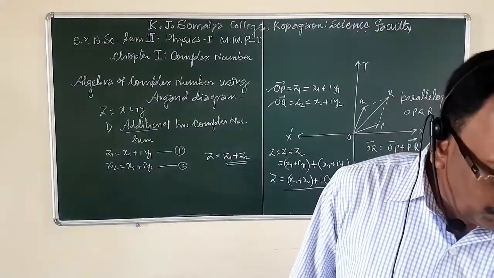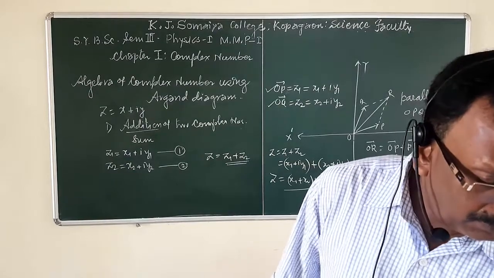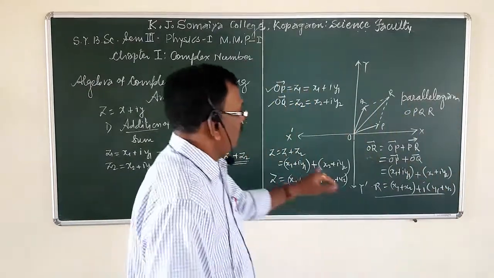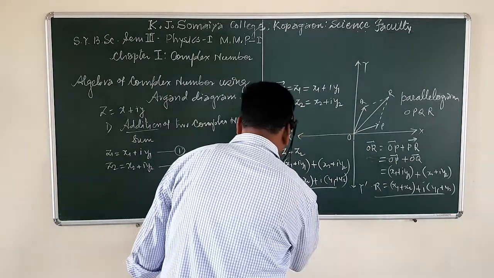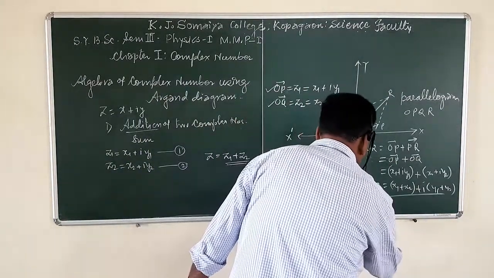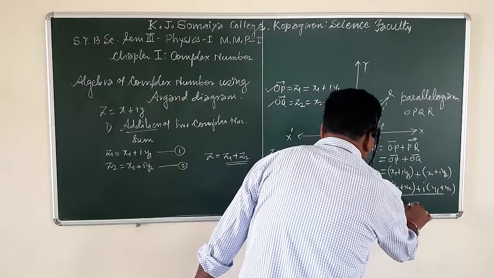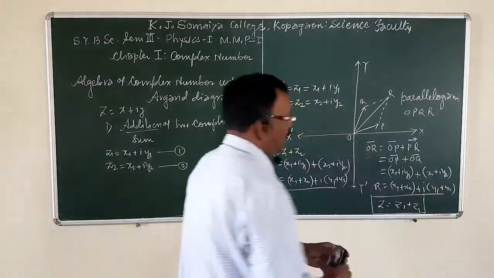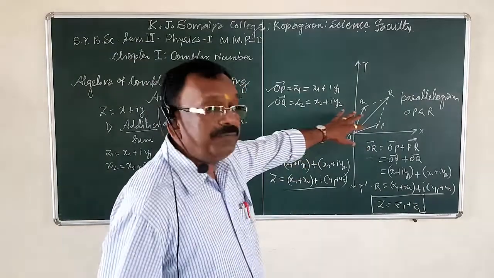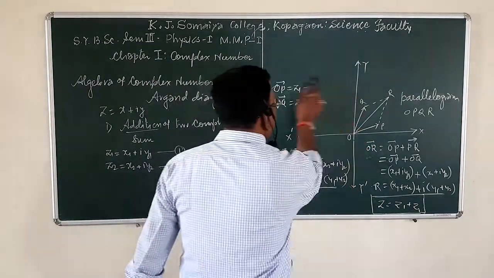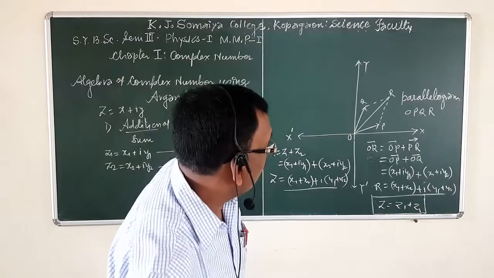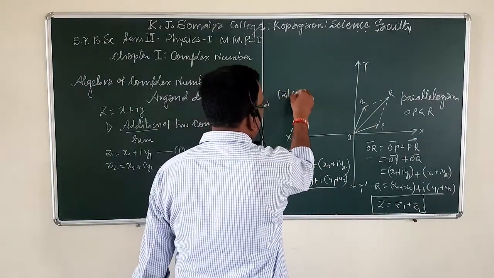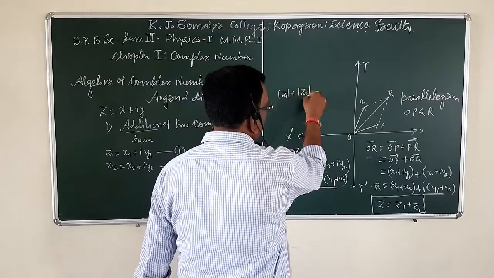Students, one thing should be remembered, that Z is equal to Z1 plus Z2. Now from this figure we have mod of Z1 plus mod of Z2.